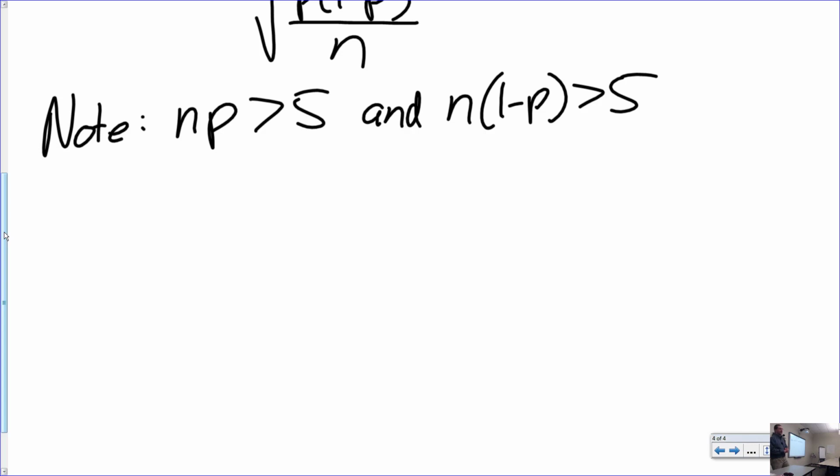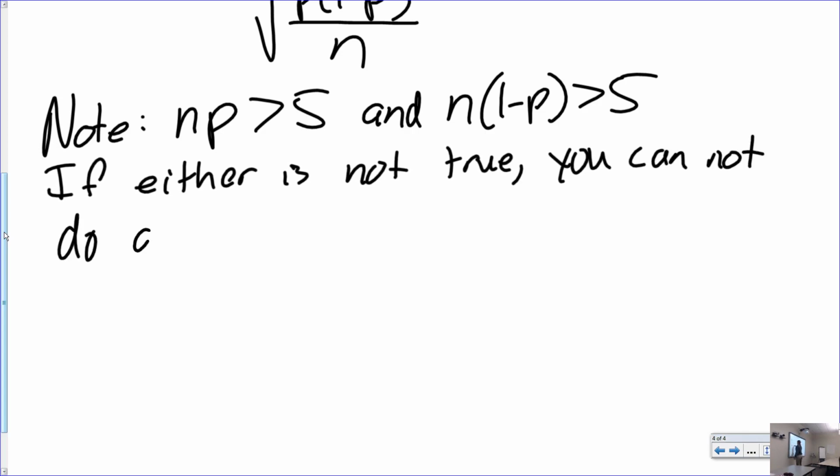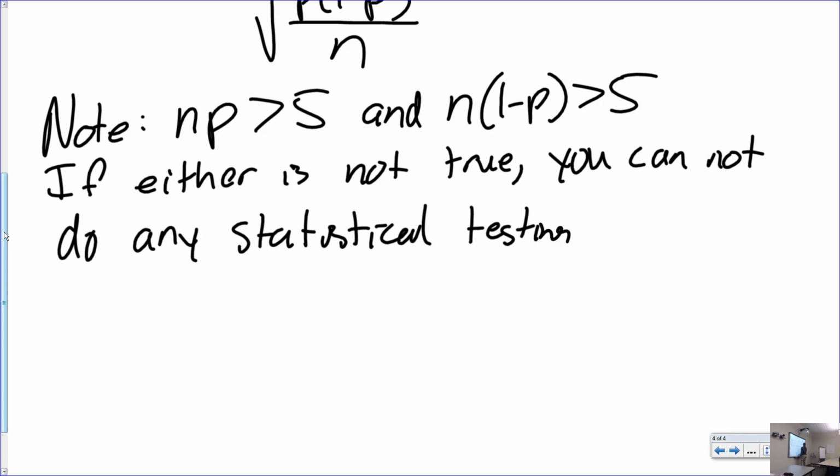Otherwise, the statistics break down. If either is not true, you cannot do any statistical testing. So the same rules that we had before are still applying now.